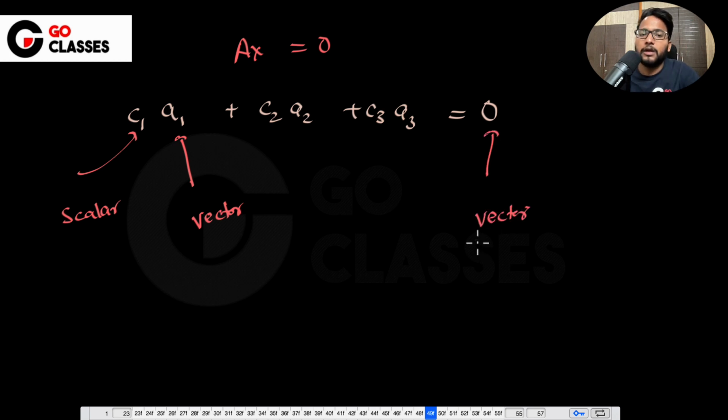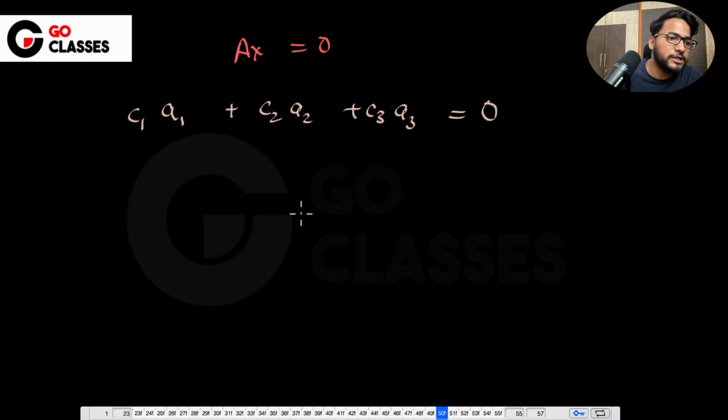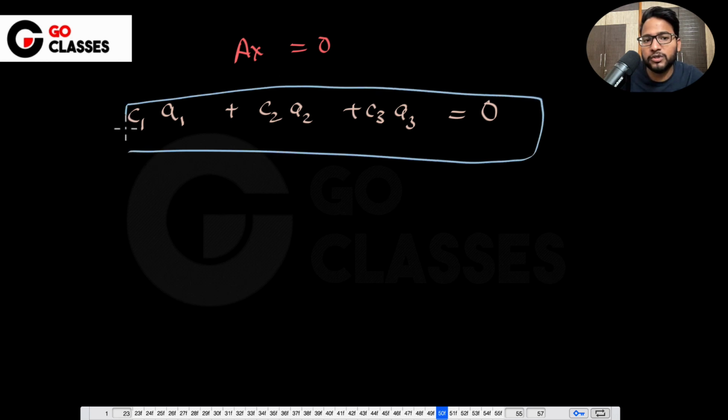Okay. Now they are saying that this Ax equal to 0, which means this equation, has some solution. Then what can you say about the linear dependency of a1, a2, a3? See, whenever this equation is given to you, what is your first question?